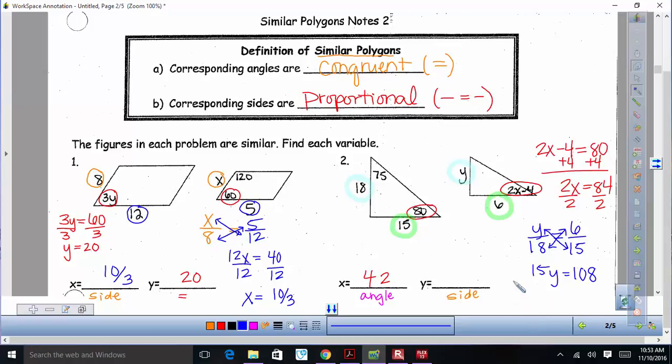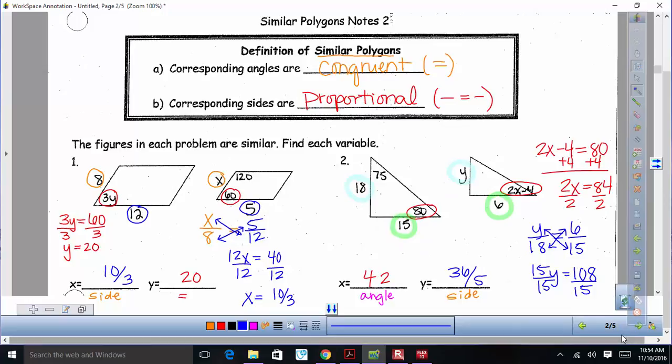Okay, and then from there we get y by itself, and we divide by 15. 36 over 5. I would like to see both, if you put a decimal.